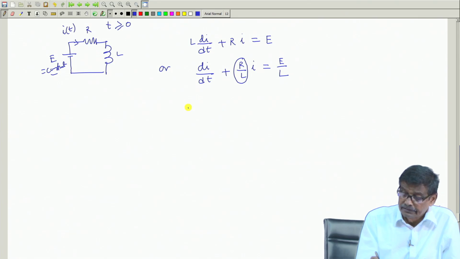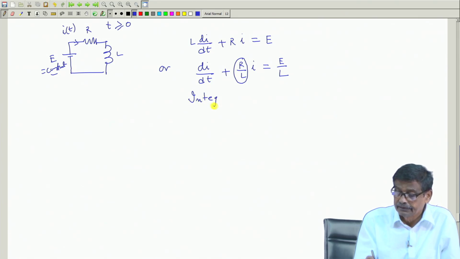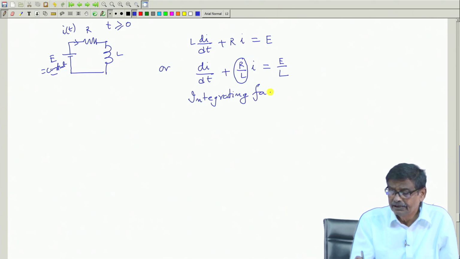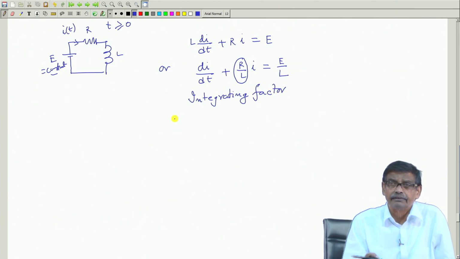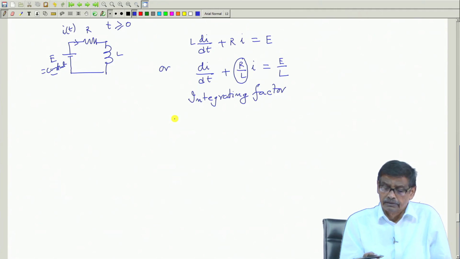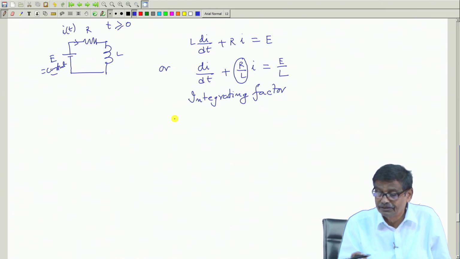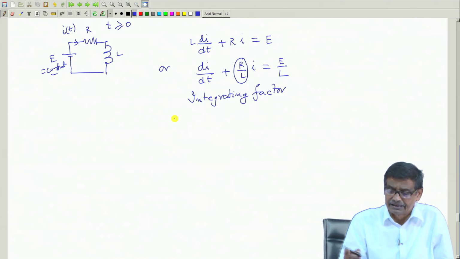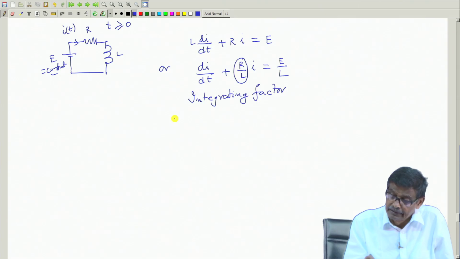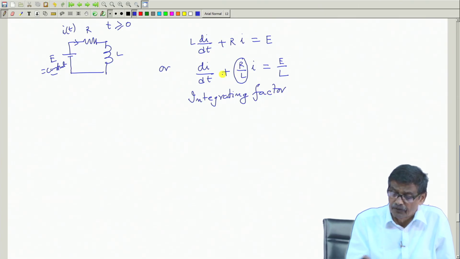What you do is this, you use an integrating factor. Later we will learn several techniques to write down the solution straight away, that is also possible, we will take up that. But for the time being, let us start from basics.